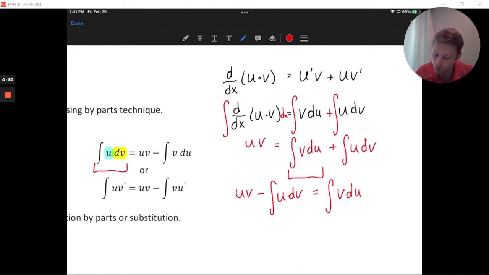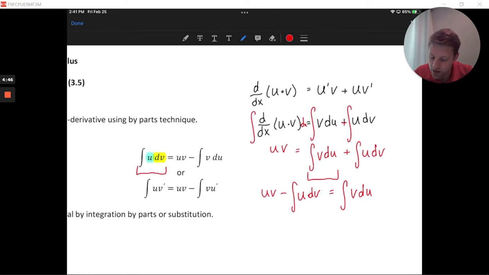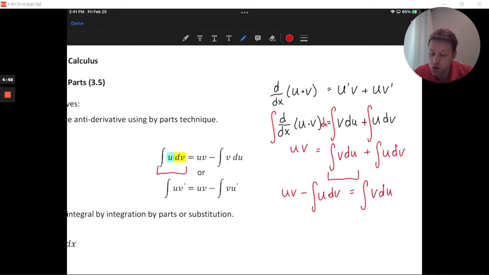So when we do this integration by parts, this is really just undoing our product rule.